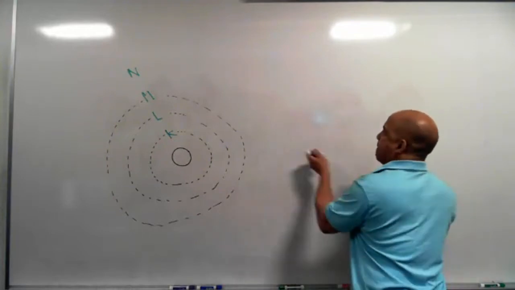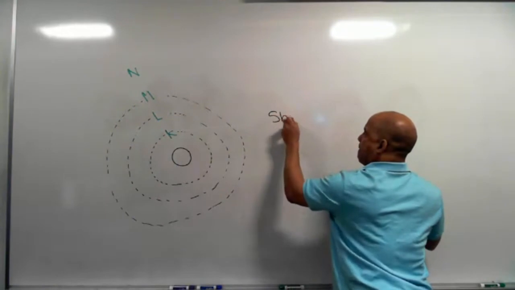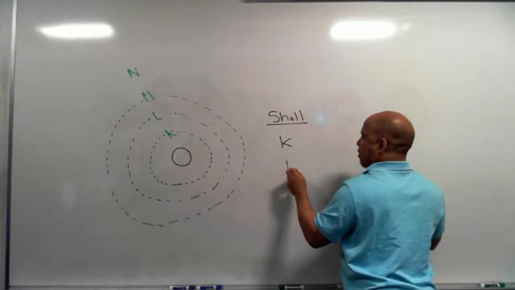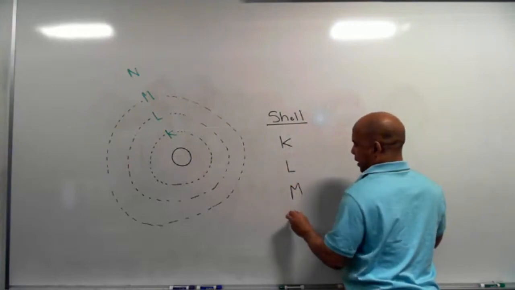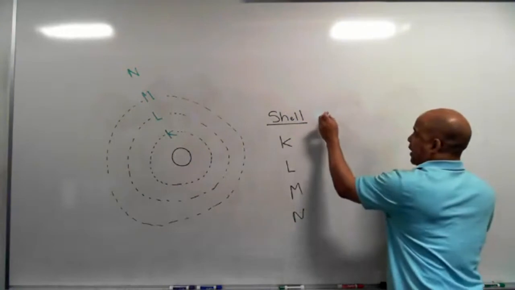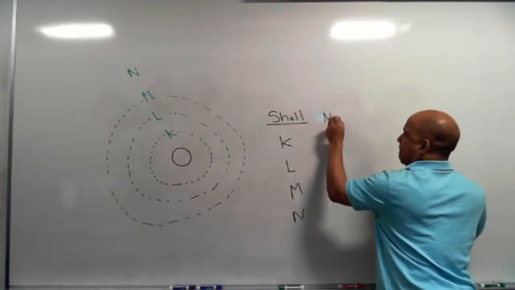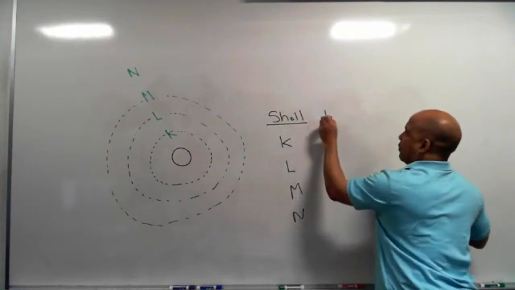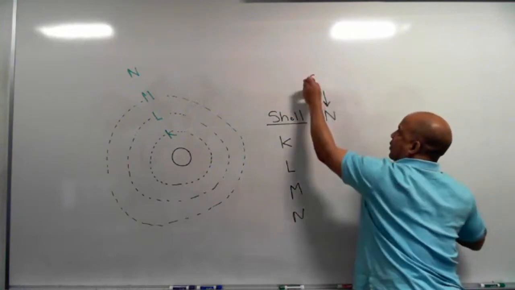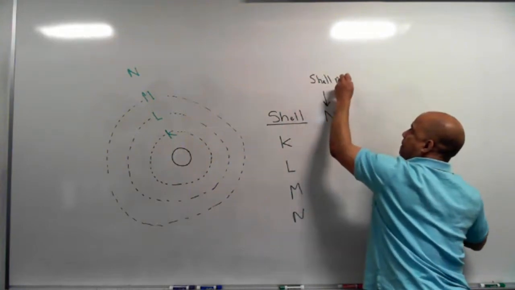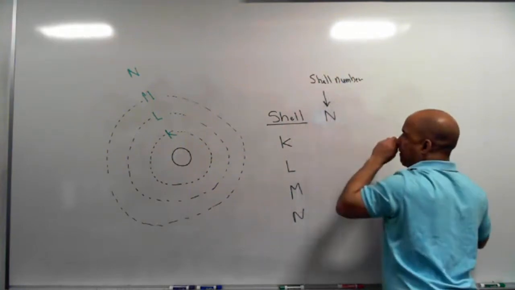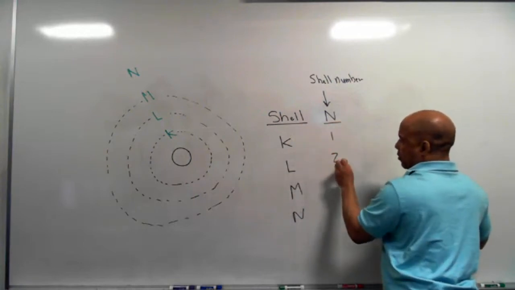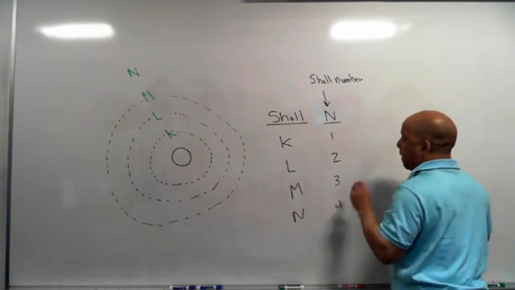What we have is the shell, and that's K through N: K, L, M, N. And then we have the shell number, which I'll label n, because that's what we had in the equation. So K has a shell number of 1, and the others have shell numbers of 2, 3, and 4.